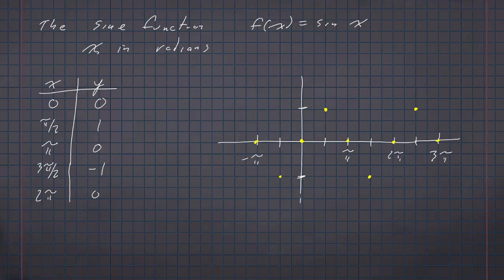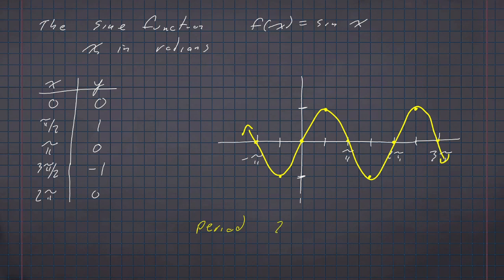But the sine function or the sine wave has the nice property of being a periodic function, which means that this shape just repeats over and over and over again. The sine function has a period of 2 pi. We'll talk a little bit more about periodic functions in the next lesson.